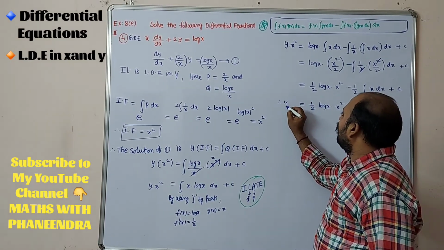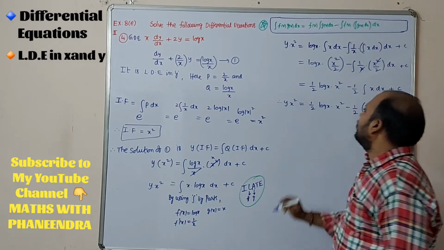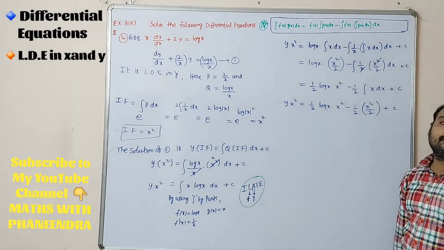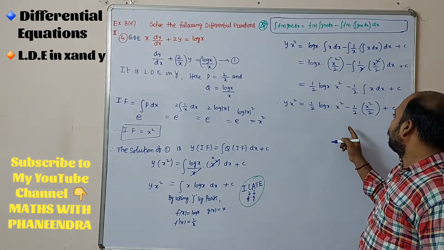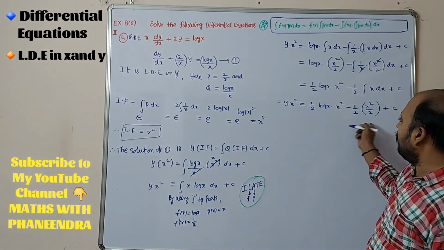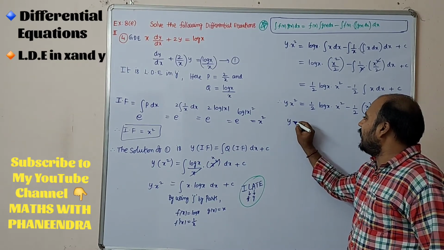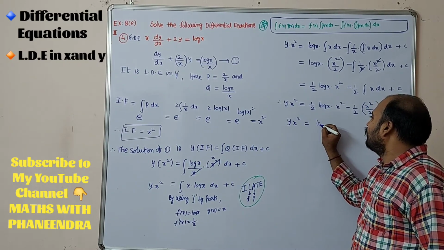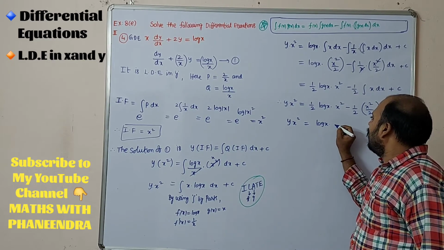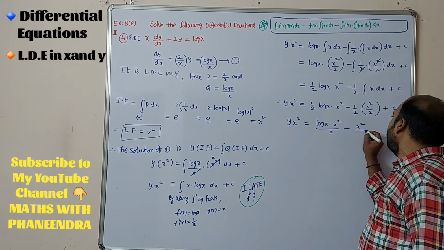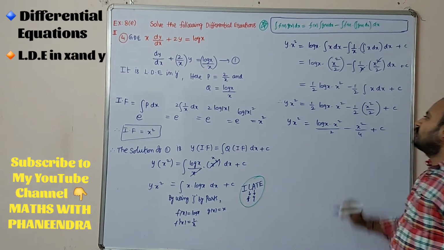Therefore y into x squared is equal to, from these two, we can take LCM here, or otherwise we can leave it like this. Y x squared is equal to log x into x squared by 2 minus x squared by 4 plus c.